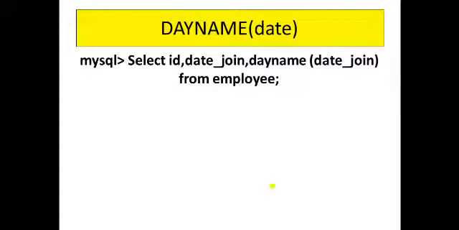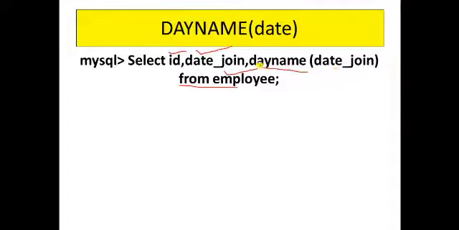Now let us see how it is going to work with reference to the table. I want to know on which day of the week the employee joined from the employee table. So I will refer to the employee table. I have written from employee. I want to select ID, date of joining. Along with that, I want to know the day of the week on which they joined.